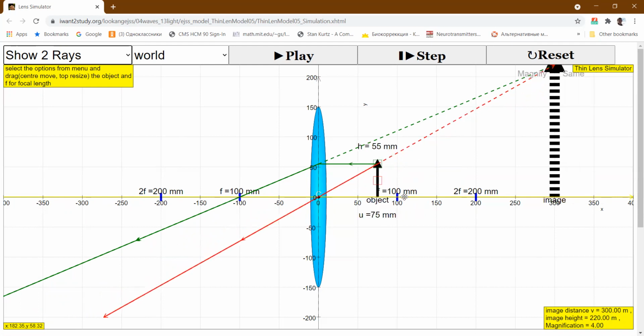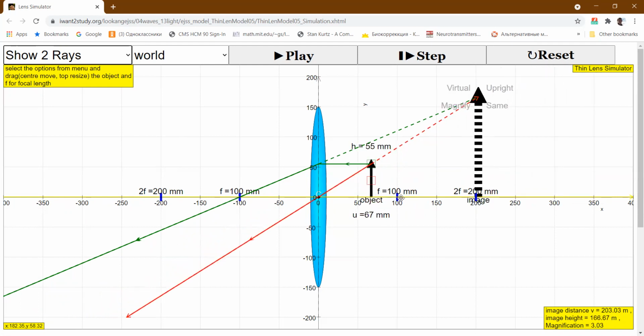And eventually, guys, if you are close enough to the lens, you are going to get an image on the same side of the lens. You see the image is made out of dashed lines, something not real. They are going to call it a virtual image. A virtual image does not exist in nature.